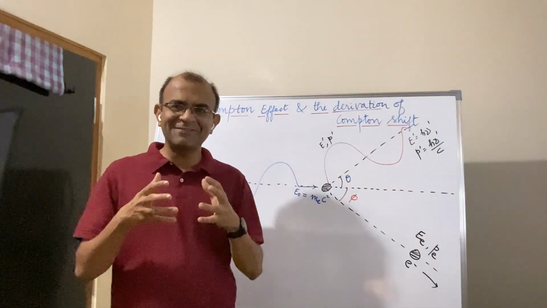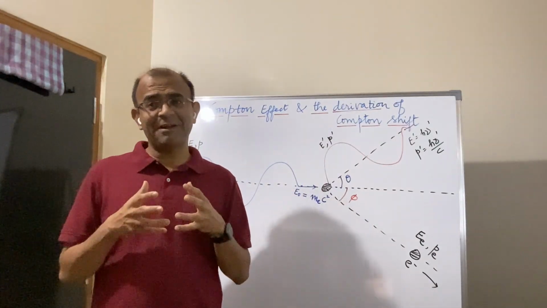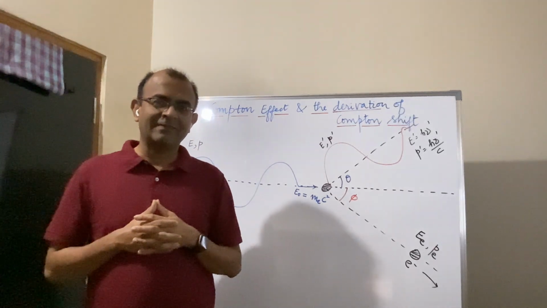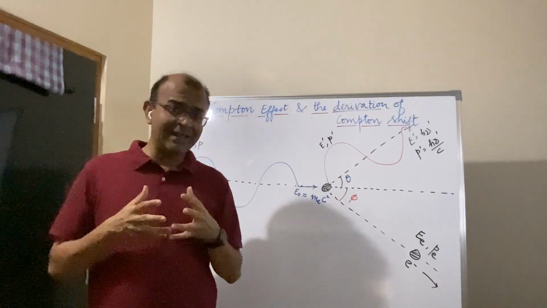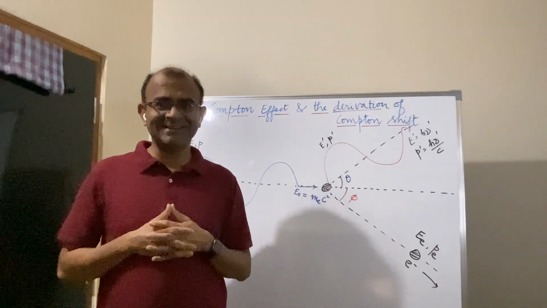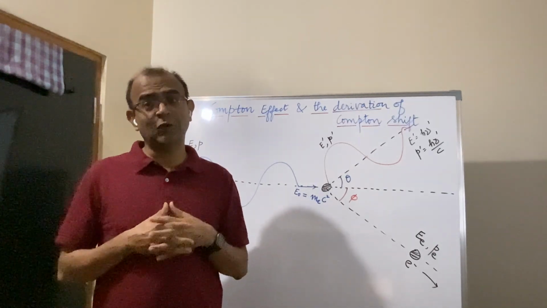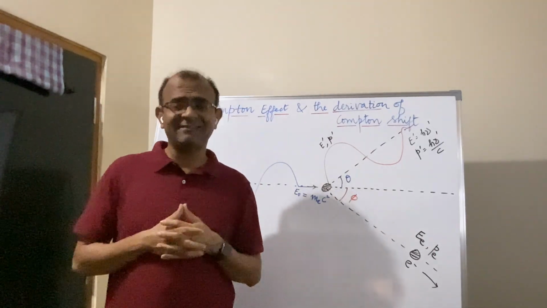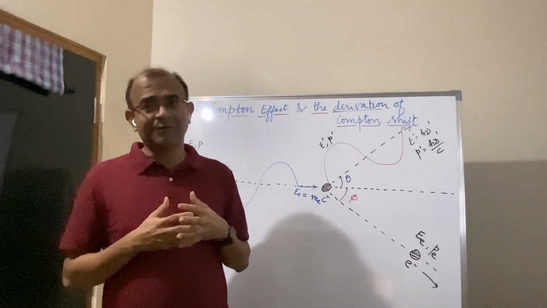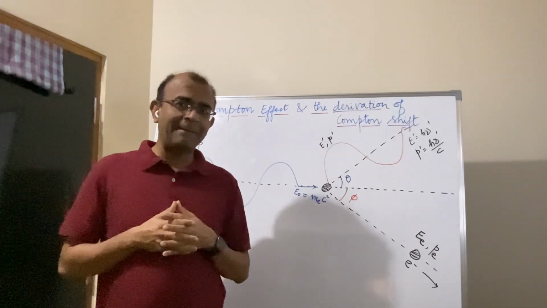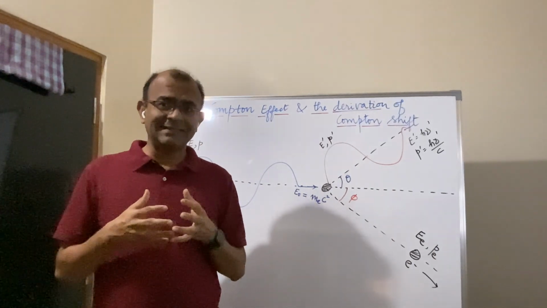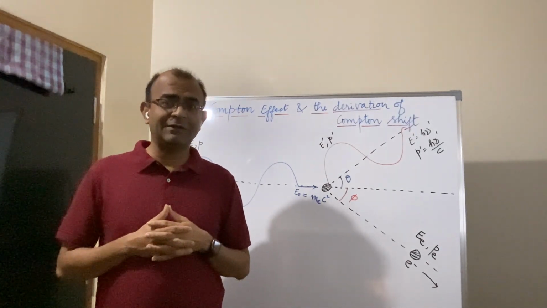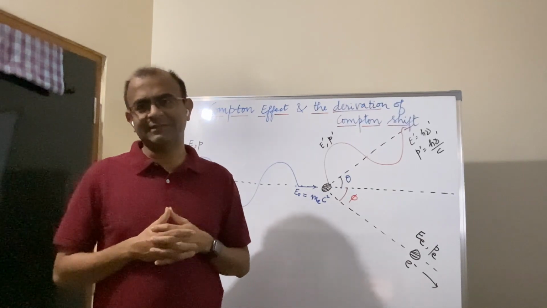When we say scattering of light by matter, there are several scattering processes that come to mind. Rayleigh scattering, Mie scattering, Thomson scattering are examples of elastic scattering. On the other hand, Raman scattering and Compton scattering are typical examples of inelastic scattering processes.